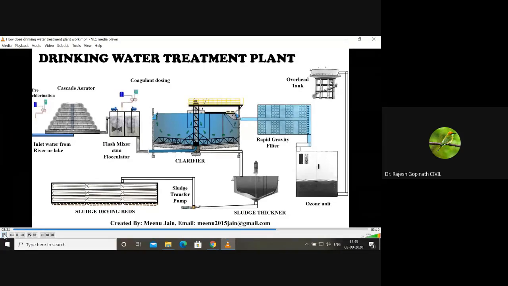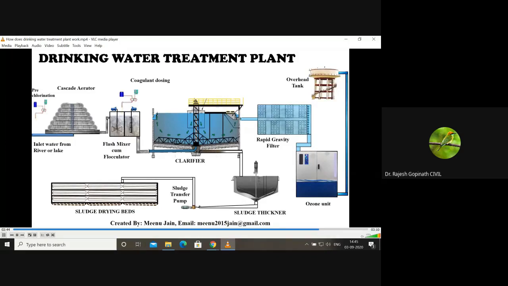Now, if hardness is not an issue, then water is sent to ozonation unit for disinfection. Alternatively, instead of ozone disinfection, post-chlorination can also be used for low-budget projects. After disinfection, drinkable water is ready for use and send city's drinking water overhead tank.